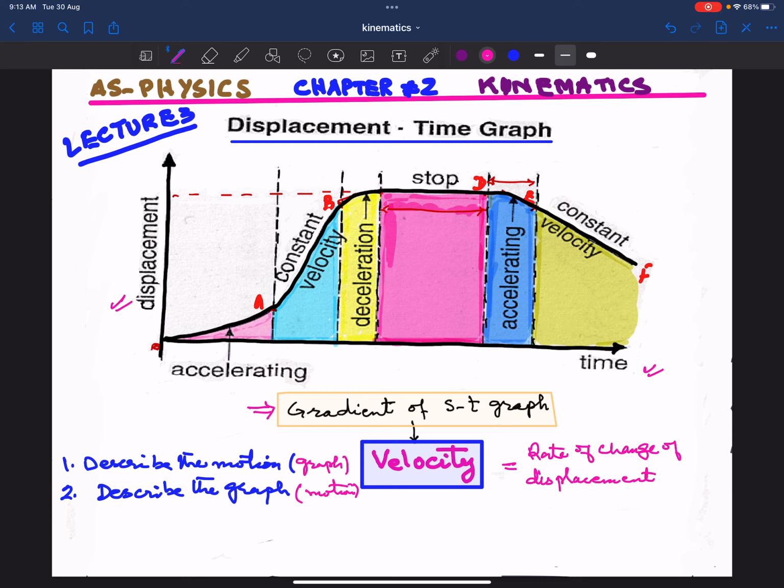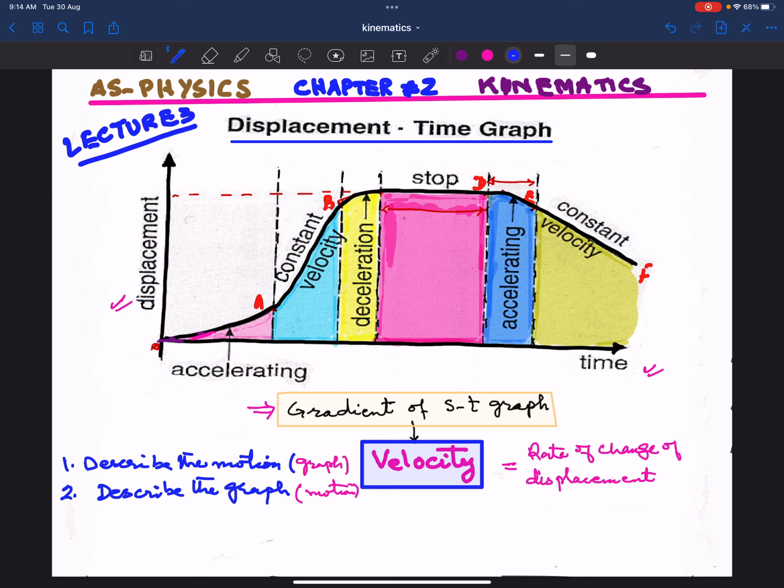So this is the most important thing. Here we must remember that if we have a body at rest and it starts moving, then initially the body must have an acceleration, so the velocity will increase from 0 to a value. Suppose at this point the gradient is 0, so the velocity is 0. At another point the gradient has increased, so velocity has increased.